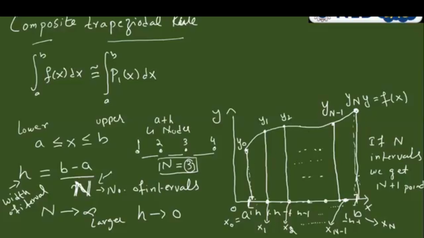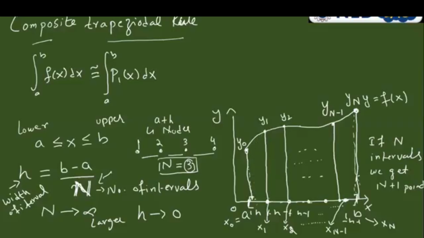So the idea is, this is the complete integrand, and you want to find the area beneath it. Rather than replacing it by a single straight line, which will generate much error, it is better to divide the interval into small segments and replace each segment by a straight line.